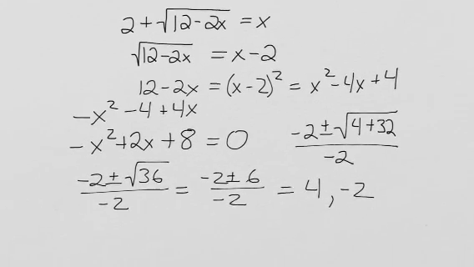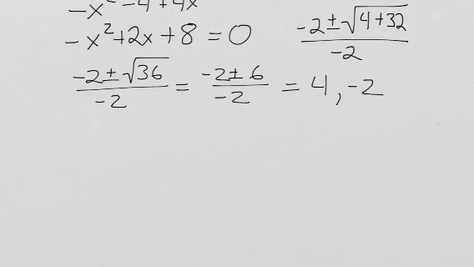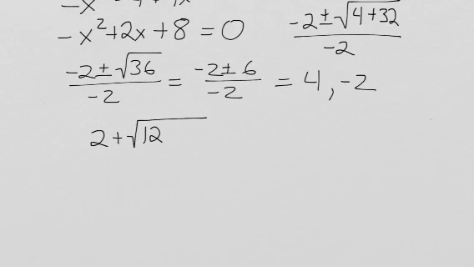So in the original equation, we had 2 plus the square root of 12 minus 2x equals x. So we need to plug the 4 in to make sure it works. So if we plug the 4 in, we end up with 2 plus the square root of 12 minus 2 times 4, which is the same as minus 8, is equal to x, which is 4.